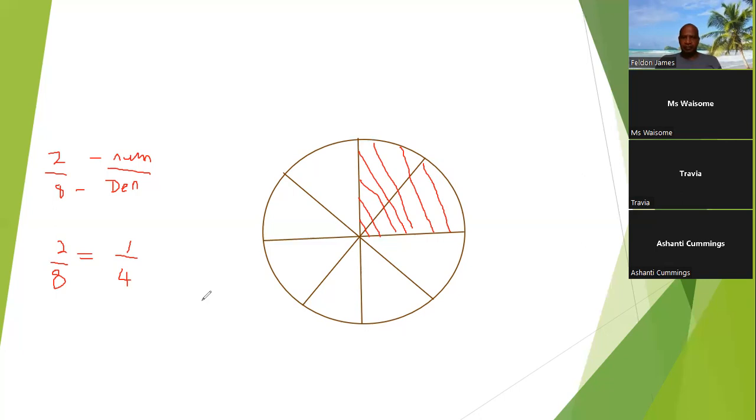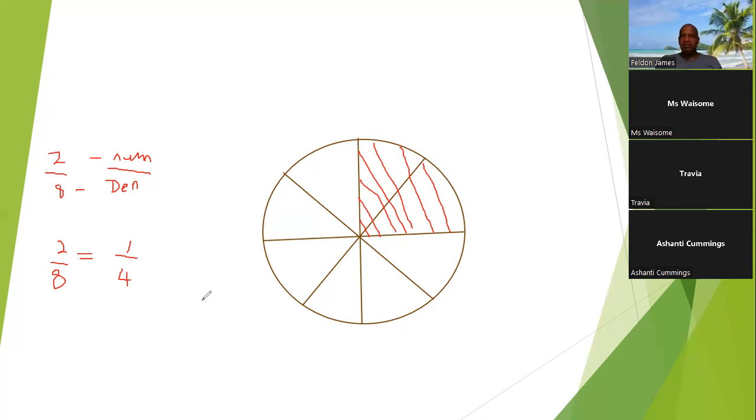So they are equivalent. Everybody agree that they're equivalent? So what it is really saying then is the same 2 slices would be equivalent to 1 slice if you cut it into 4 equal parts. 2 slices when you cut it into 8 parts would be equal to the same slice if you cut it up into 4 equal parts and you take 1 slice out of 4.